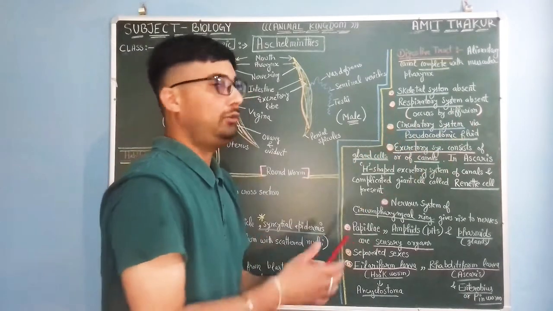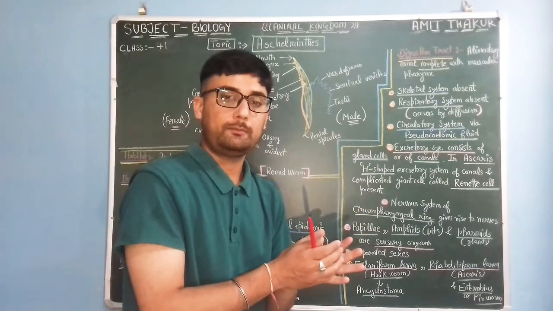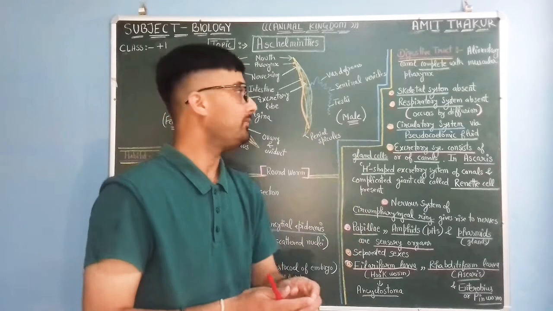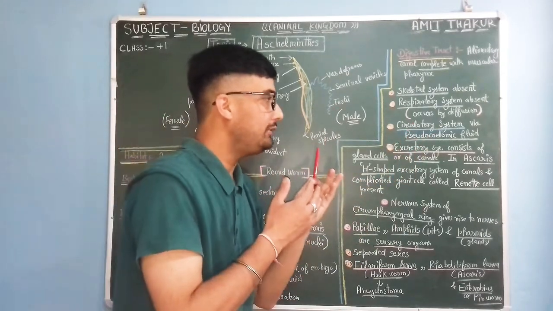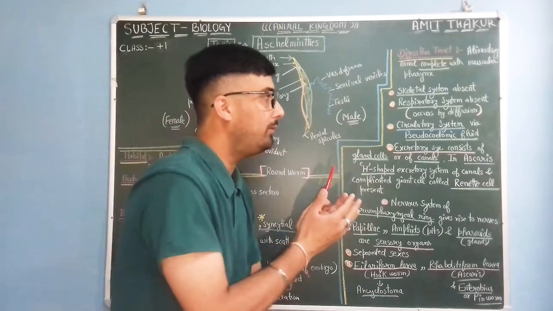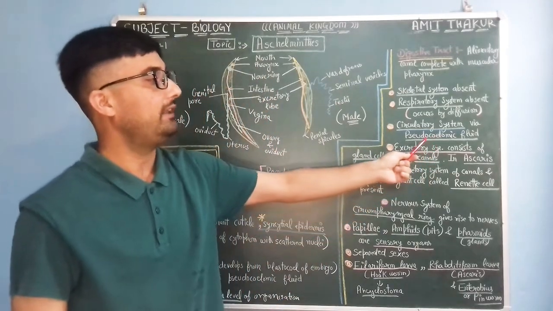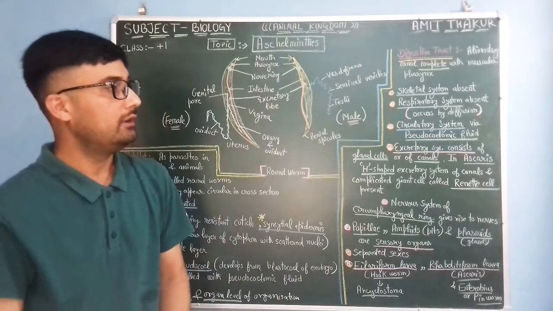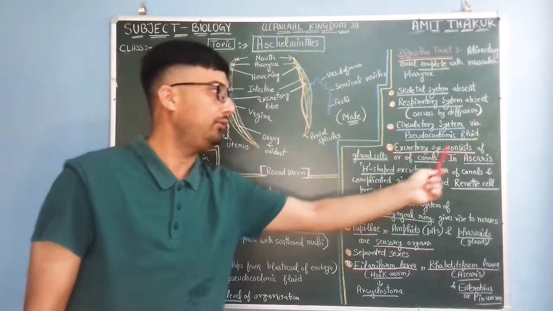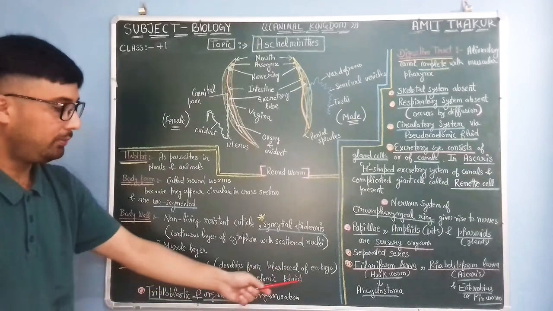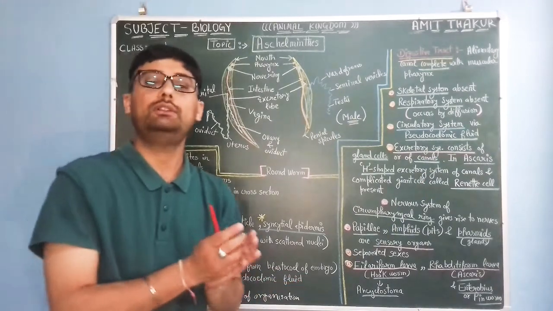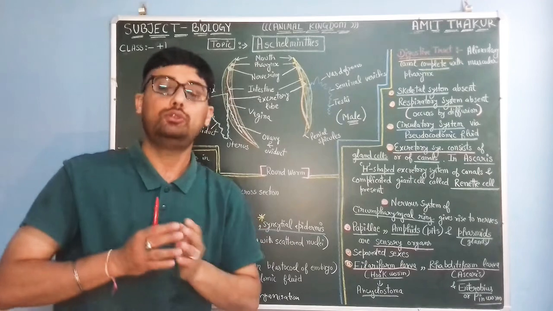Circulatory system means the circulation of essential substances across the body. This is performed by the pseudocoelomic fluid, which is responsible for the transportation of all the essential substances throughout the body of roundworms.